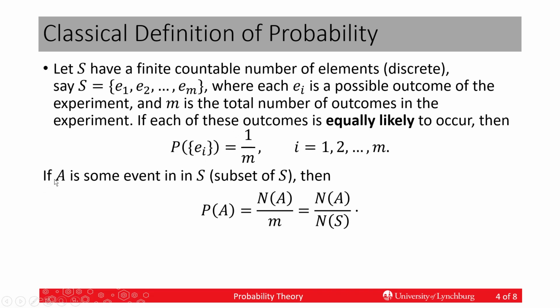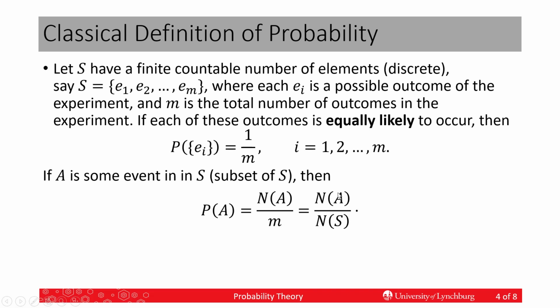Okay. If A is some event in set S, in other words, it's a subset of S, then we can define the probability of A as N of A over M, where N of A is the number of elements that are in event A, and M is the number of elements in the sample space.